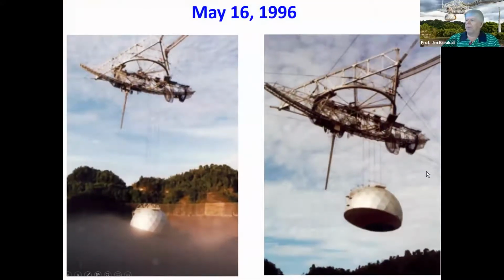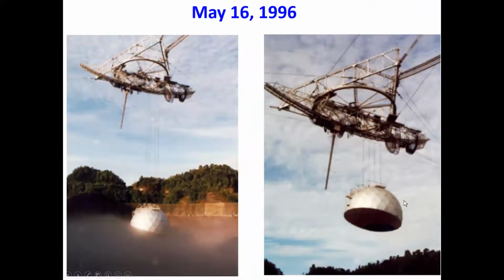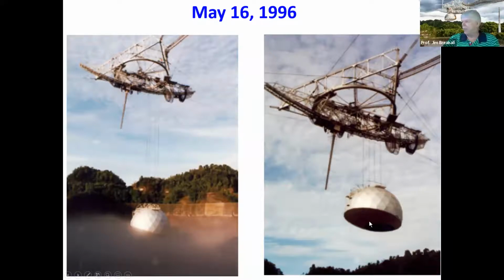And so this system had to be protected from the weather. So it's in this dome called the Gregorian dome, and here it's being raised up, and it's going to be fastened to the arm. This whole structure here weighed about 300 tons, okay? And with this dome and everything that's in there, that added another 600 tons.